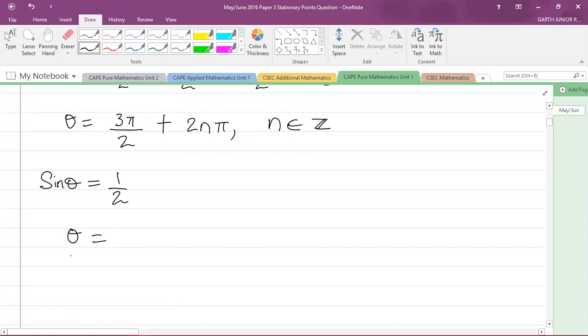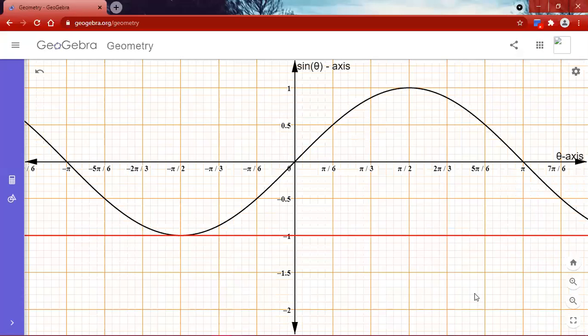You could use a calculator as well if you're mathematically inclined. You can use the calculator and your knowledge of trigonometry to find the values of theta, but I just wanted to get the visual representation. So you should be seeing my graph now.